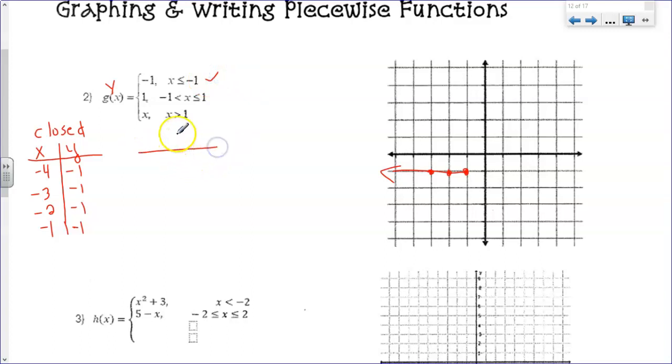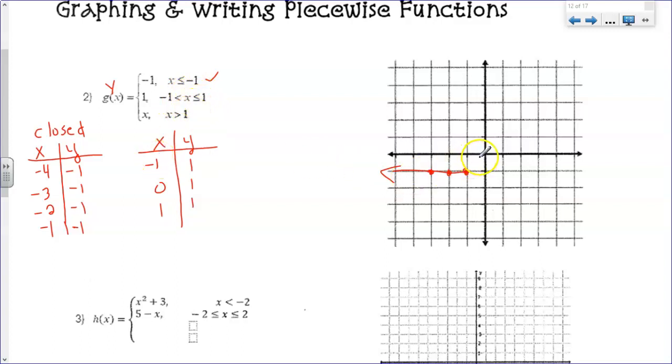Okay, now let's look at the next one. In this case, y is always 1. And then I need to go from -1 to 1. So -1, 0, 1. This first one at -1 is going to be open, and then this one's going to be closed.